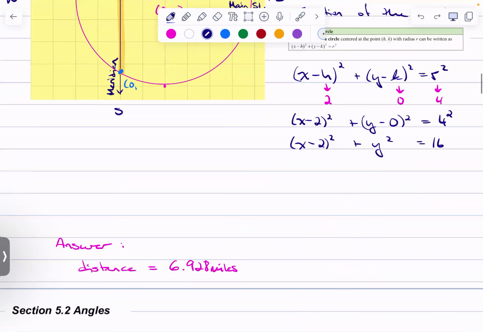To find the intersections, substitute x equals 0 into the equation of the circle.